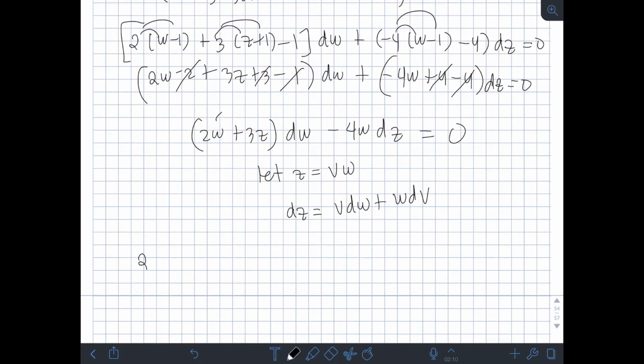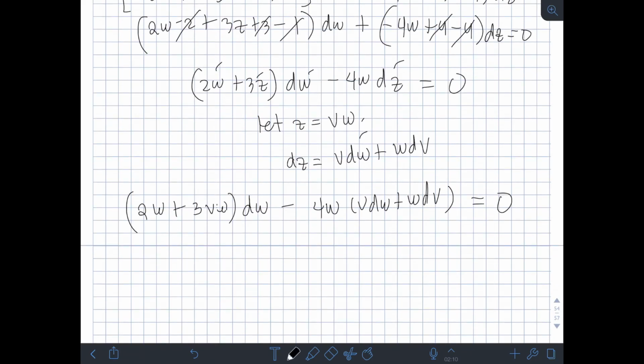So, 2w as is plus 3 vw, then dw as is, minus 4w as is, dz is vdw plus w dv equal 0. So, factor out ko tong w.